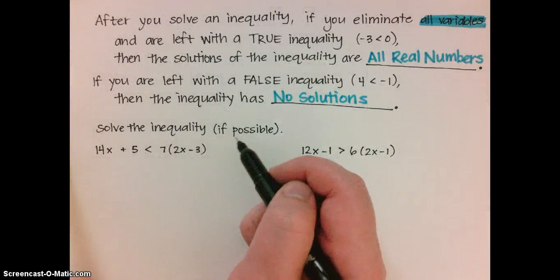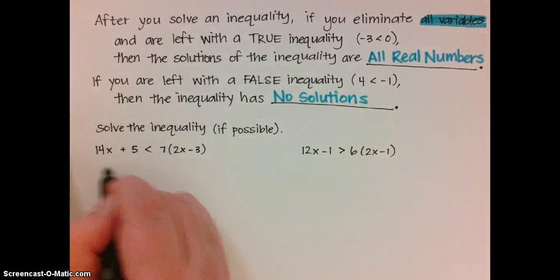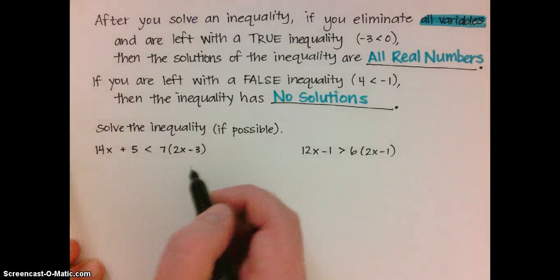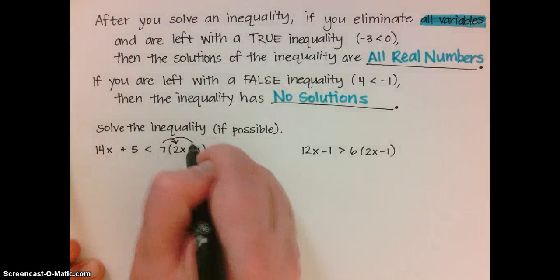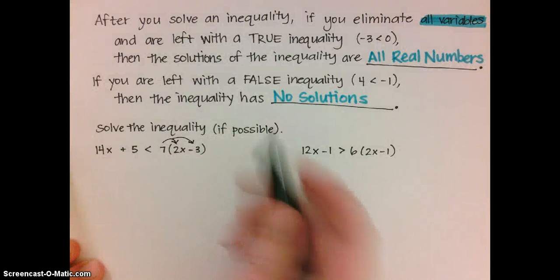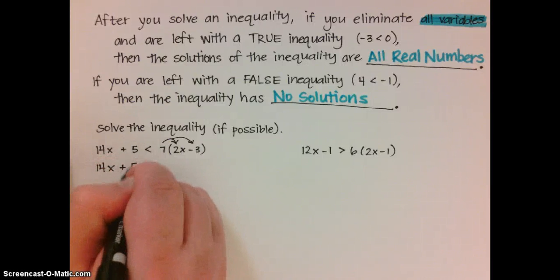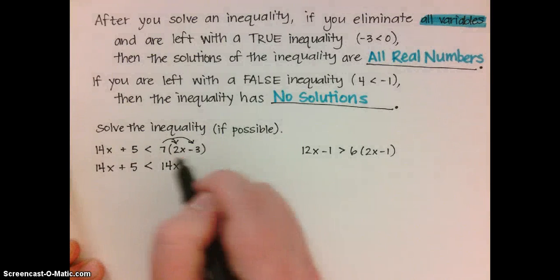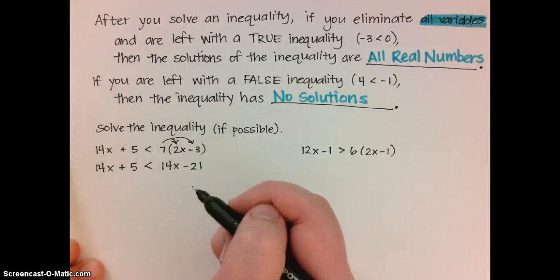Okay, so I'm starting with 14x plus 5 is less than 7 times parentheses 2x minus 3. So what I'd like to do is the distributive property on the right-hand side and rewrite what I have. 14x plus 5 is less than 7 times 2x is 14x, and 7 times -3 is -21.